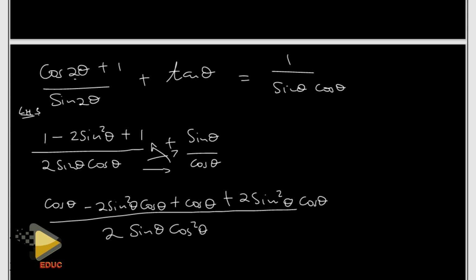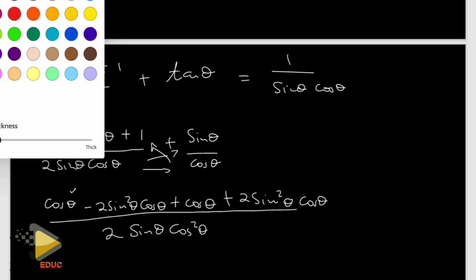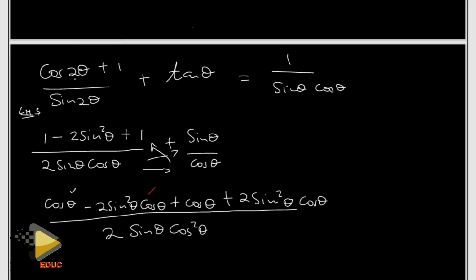Alternatively, you can find your LCM, which will be 2 sine theta cos theta. Before I even go there, I'm seeing something simple to cross out. This is going to cancel with this last part because they are identical but the signs are opposite. Which means I'm left with 2 cos theta on top over 2 sine theta cos squared theta.